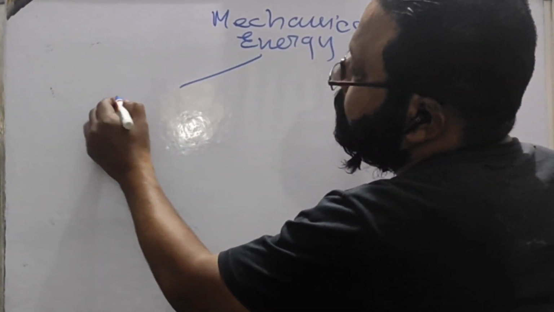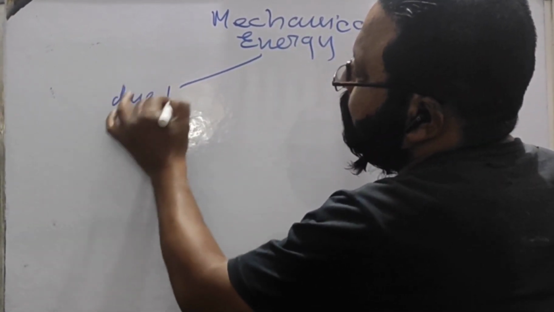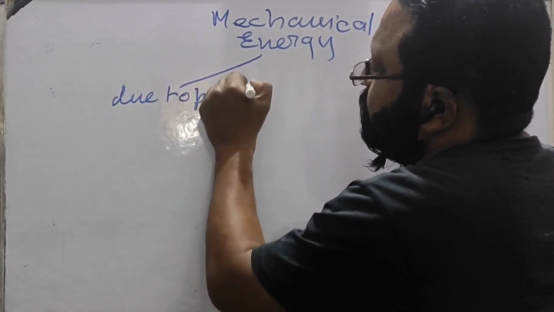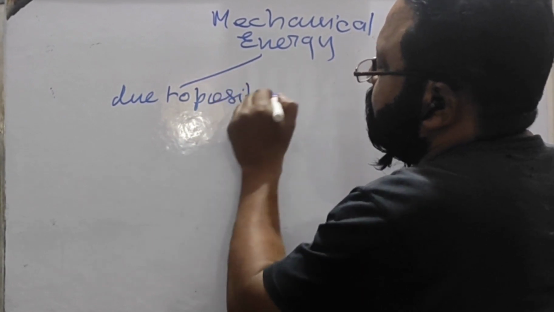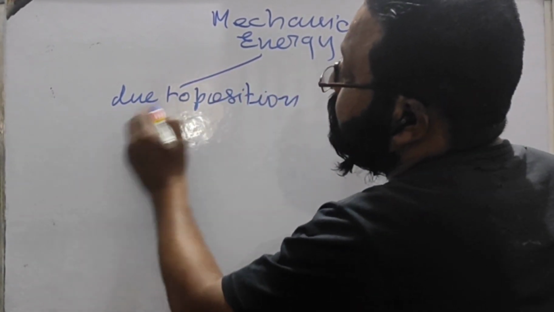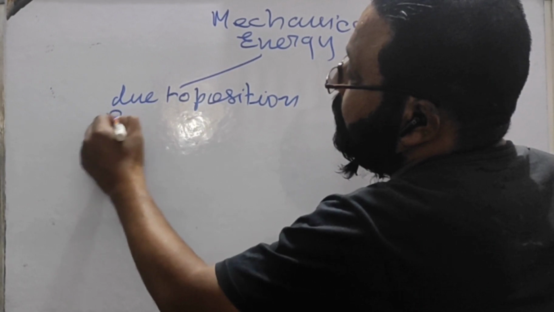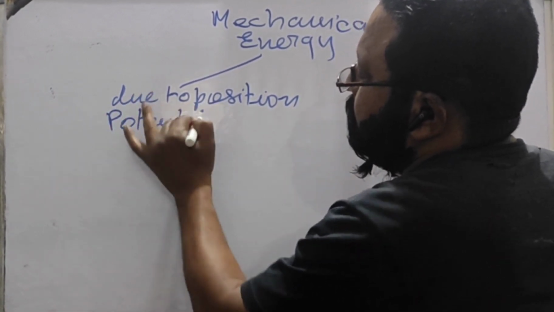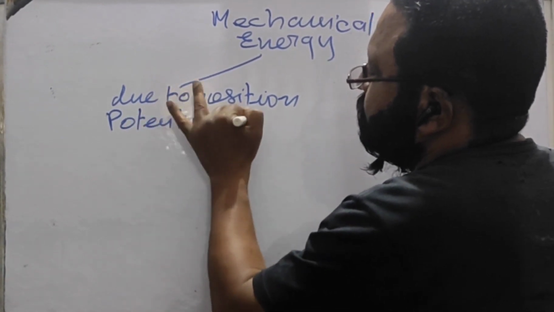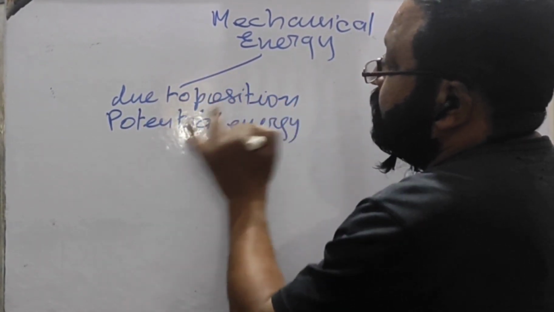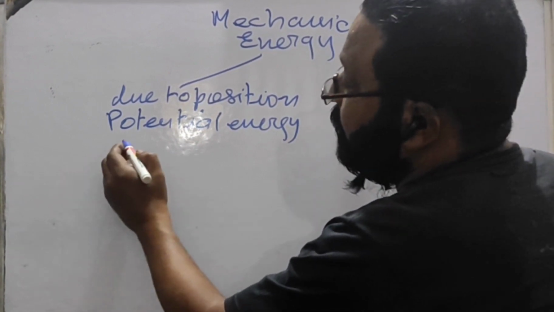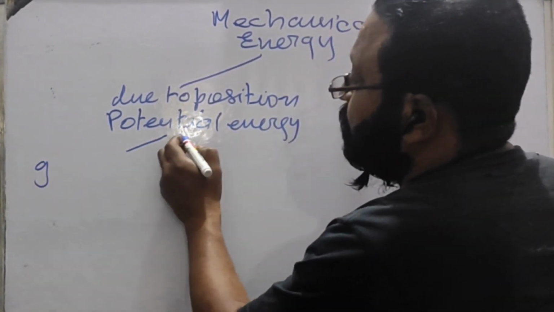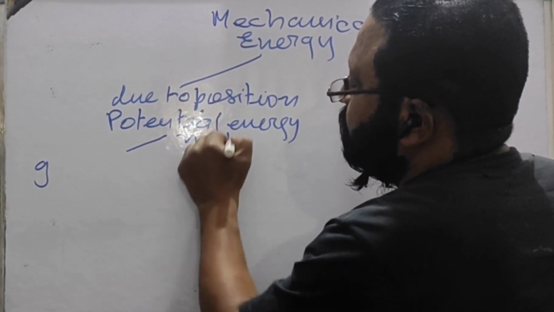One is due to position, called potential energy. And we have two types of potential energy: gravitational, which is equal to mgh, right?